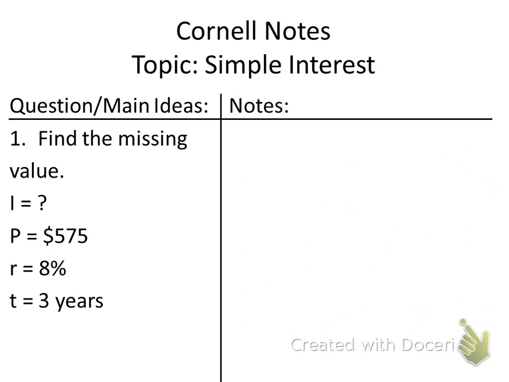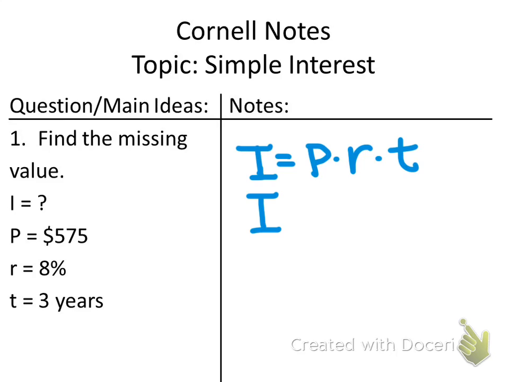Okay, let's do number 1 together. We need to find the missing value. So we know that I, we don't know, P is $575, the rate is 8%, and time is 3 years. So the formula is I equals P times R times T. I, we don't know.